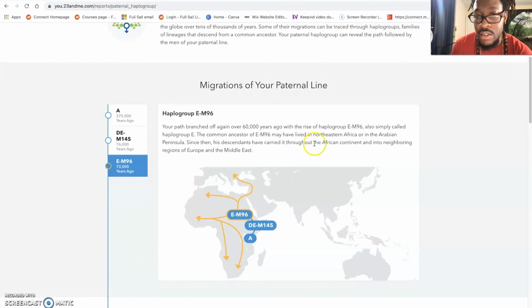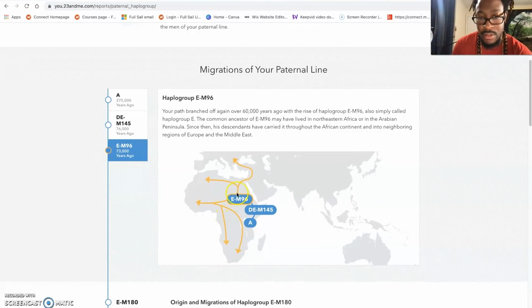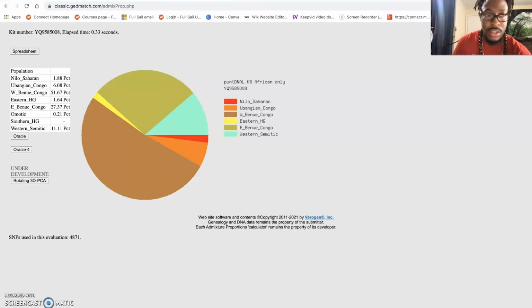Since then, it carried throughout the African continent, in the Middle East, and went off into Europe, where it made different haplogroups or stayed the same. But eventually it originated up in this area, came back into Africa. That's why you got the Semitic in here.